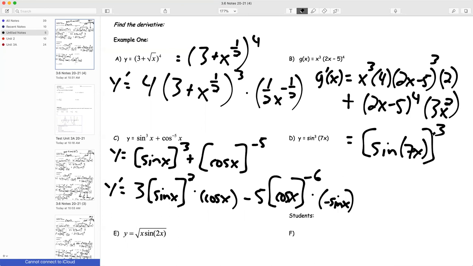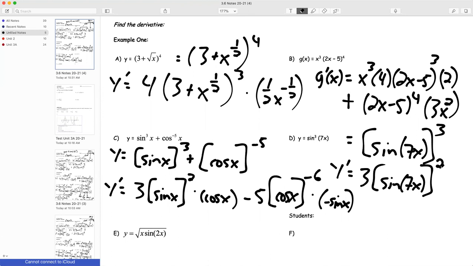I'm going to write this as sine of 7x raised to the 3rd power. And I'm going to do the chain rule. So the 3, excuse me, the 3 comes out front. The sine of 7x comes down.